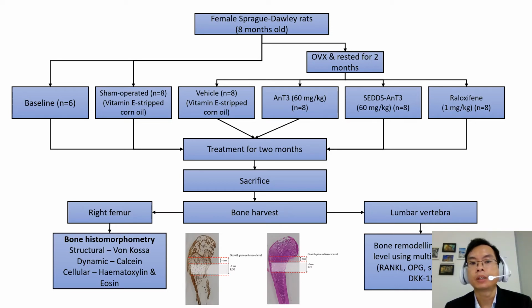After that, the vehicle control group were fed with vitamin E-stripped corn oil, and the rest of the castration arms were fed with annatto, SEDDS-formulated annatto, and also raloxifene. After treatment for 2 months, the rats were sacrificed and their bones were harvested for analysis. Their right femur were used for bone histomorphometry analysis, and their lumbar vertebrae were homogenized and used for bone remodeling peptide level determination using multiplex ELISA.